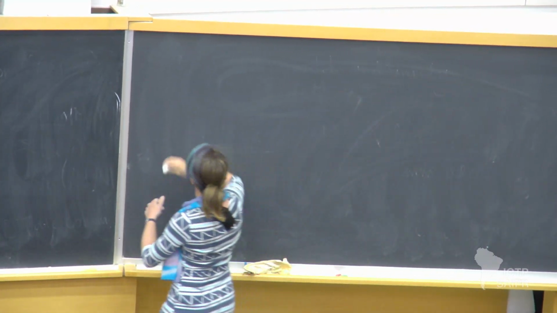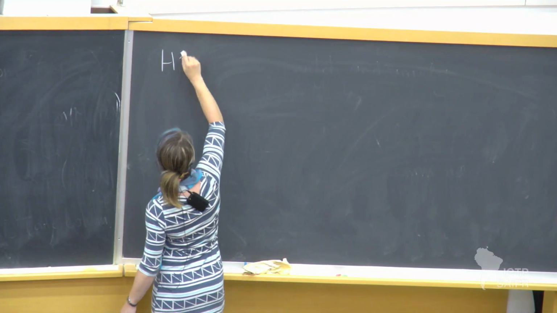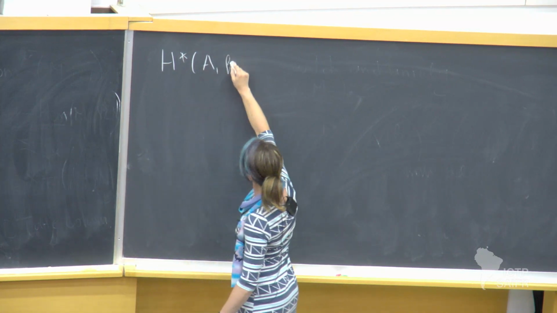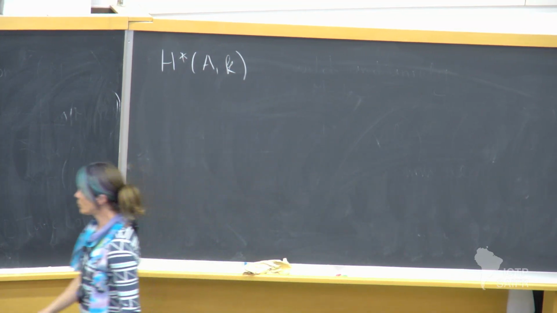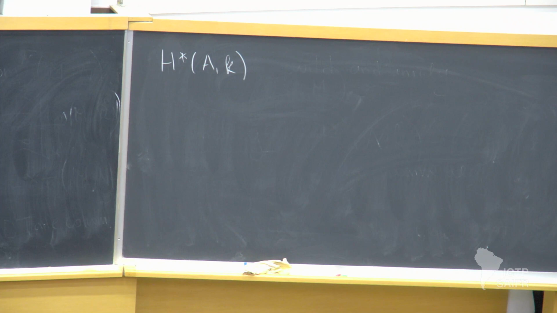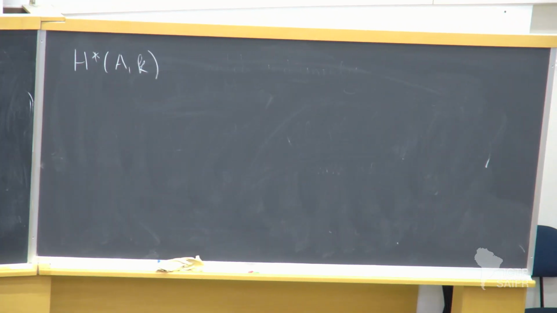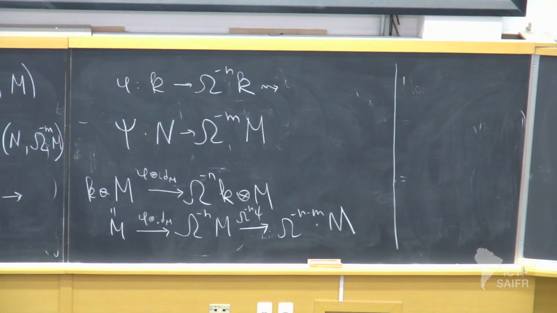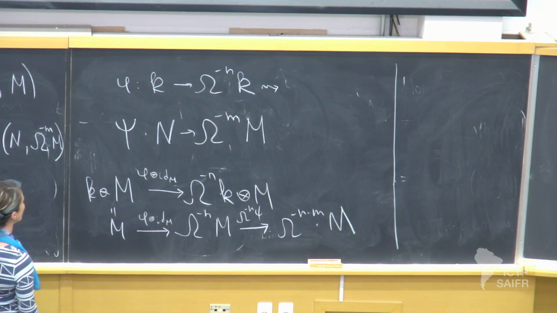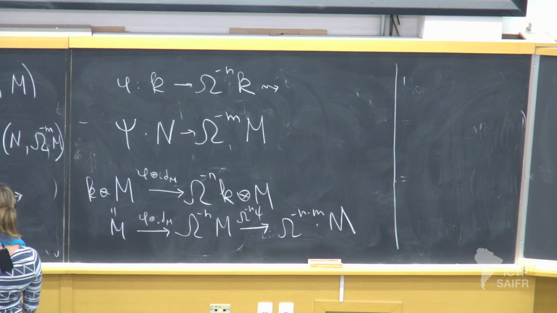Yeah? Your psi goes from n to m, and here you go from n to m. So you should be tensoring with n then in the first line. Oh, did I switch them? Yes. Thank you. Sorry.